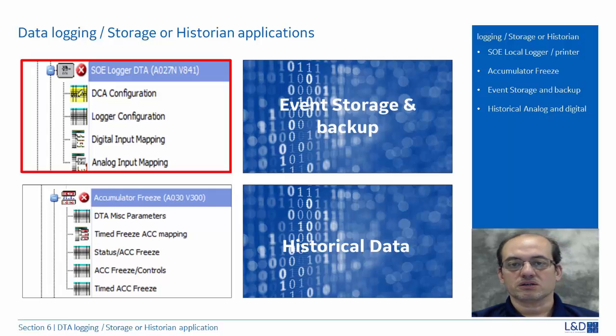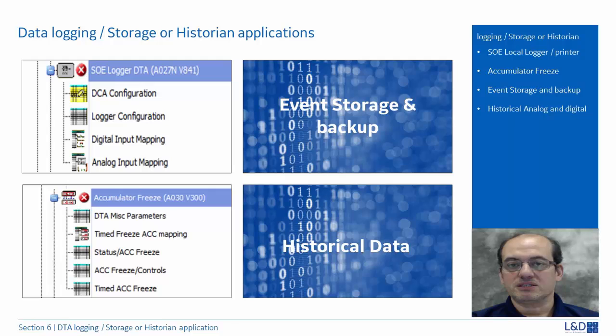The SOE logger would allow you to collect that data and put it in a file that can be uploaded from or downloaded, whichever way you look at it, from the chassis, and then it will allow you also to print that information to a nearby printer if required. So that's the job of an SOE logger.